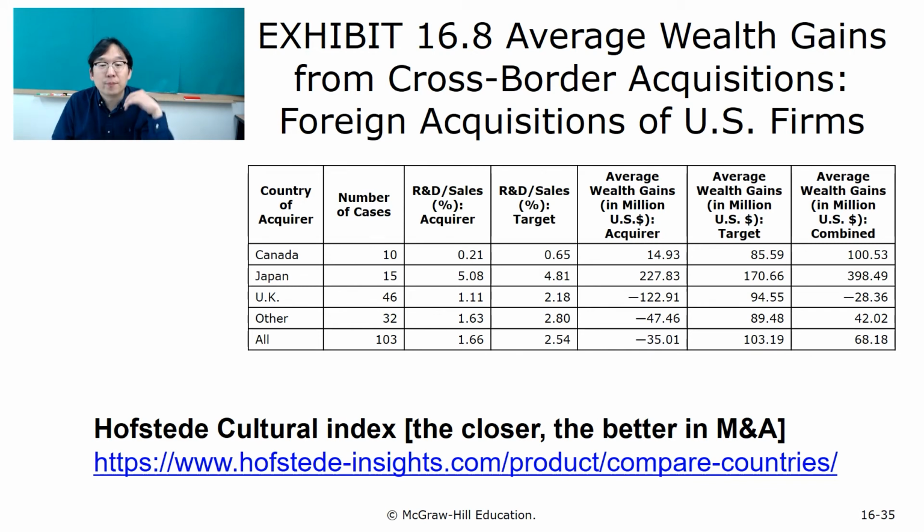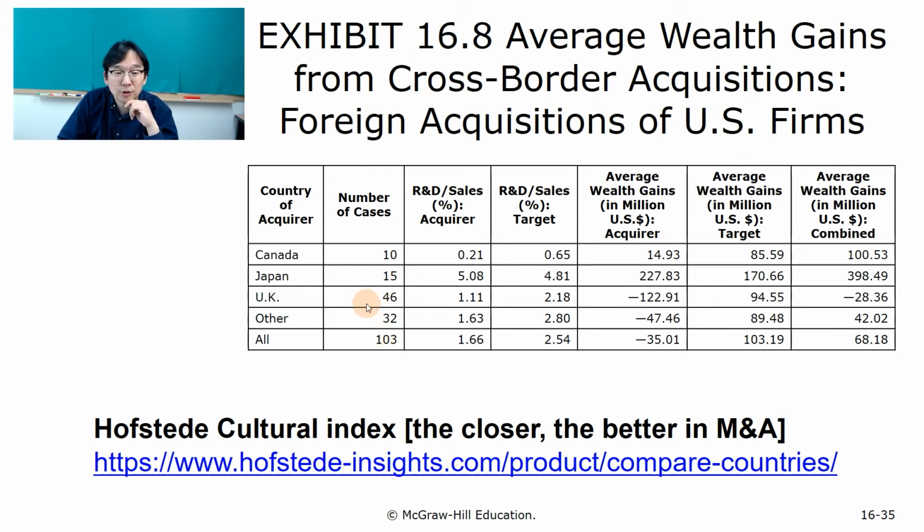And then the cultural index, you see the Hofstede index over here, and what you see on this table is the average wealth gains from cross-border acquisitions, foreign acquisitions of United States firms. So the country of the acquirer of the US companies, Canadian company, Japan, UK, and other countries took over US, and you see the number of cases, right?